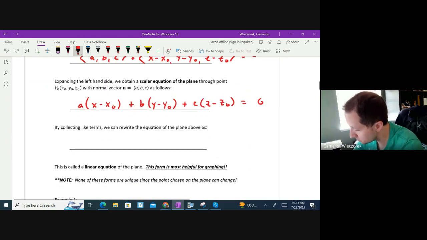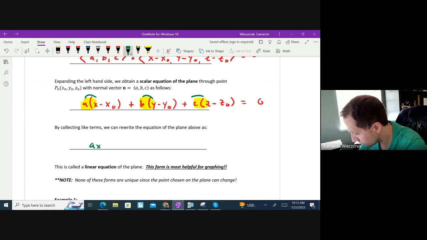Collecting like terms, we would get A times x plus B times y plus C times z. We distribute. And then I'm going to call the constant D equals 0, and I'll explain what D is.